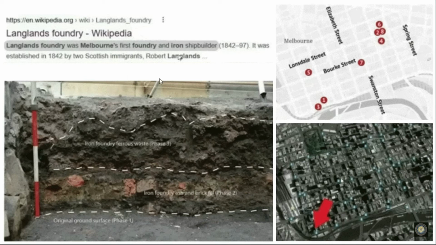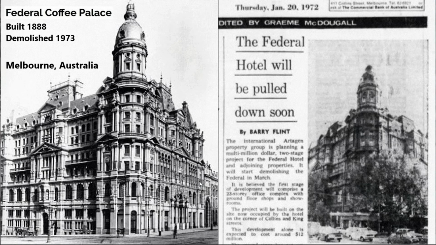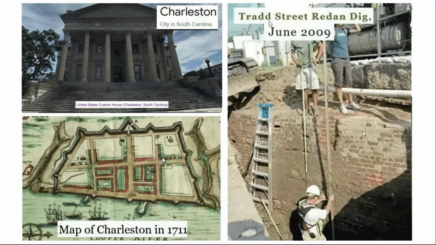And I just wanted to point out this Langlands is indicated by this arrow, roughly the area, and it would probably be over here. So it's well within the central business district area where a lot of these buried blocks are. So it's the same basic pattern, some event followed by these different architectural styles utilizing these columns, and some of the buildings very ornate, and then they get destroyed. So I just wanted to point that out.